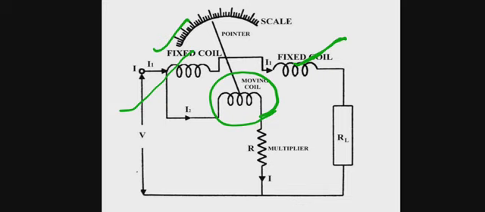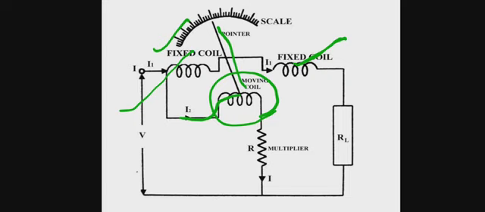When the current passes through the moving coil, a magnetic field is produced by the coil.